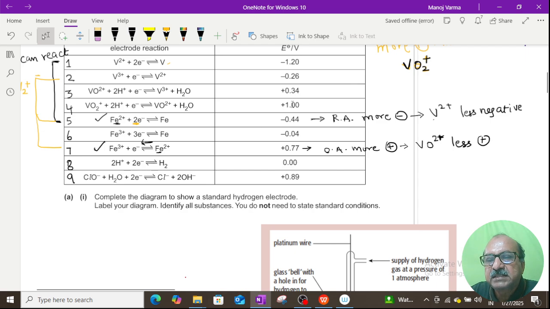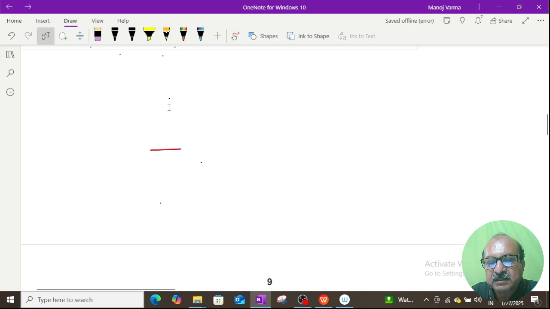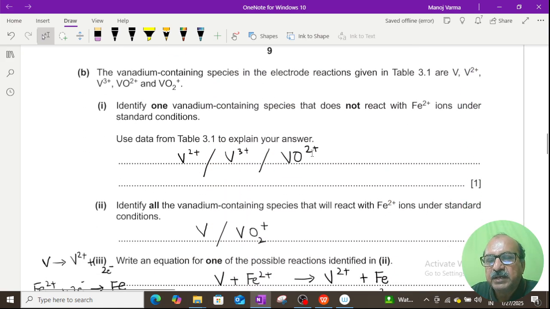So that means this can oxidize, and the oxidizing agent is always on the right hand side. That means VO2+ can oxidize. That means VO2+ cannot. So the other answer is VO2+.